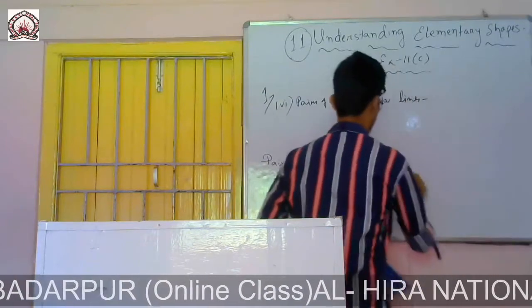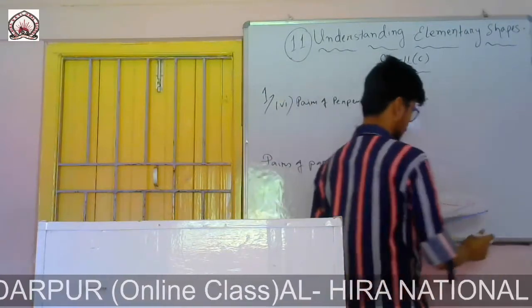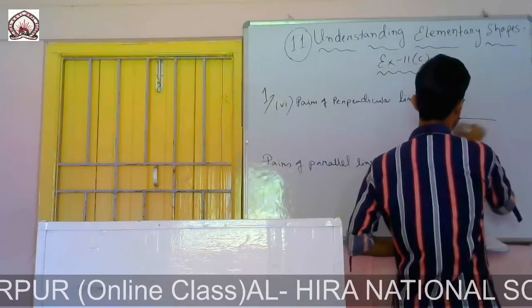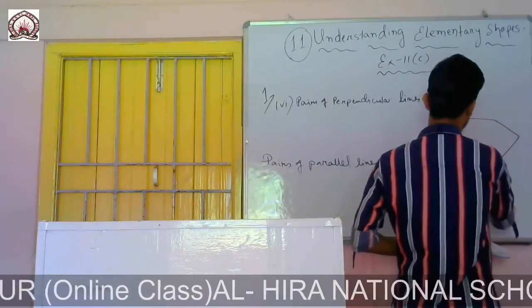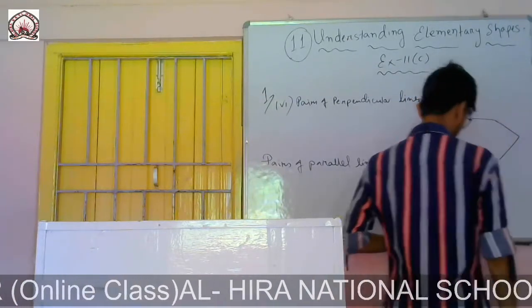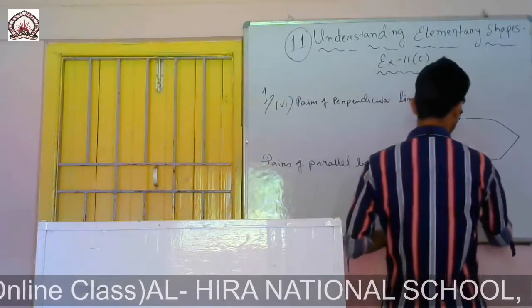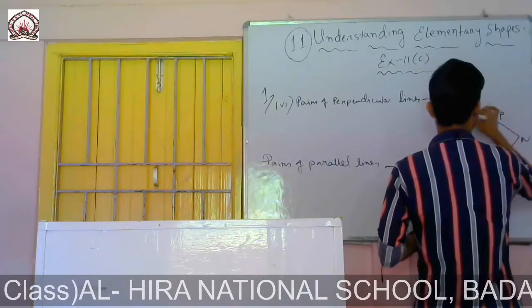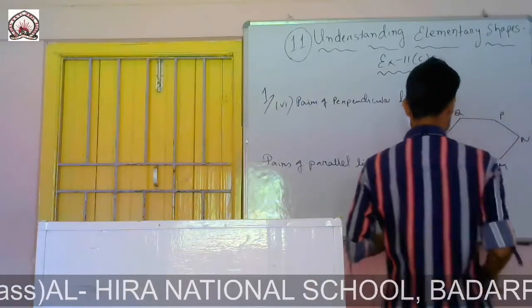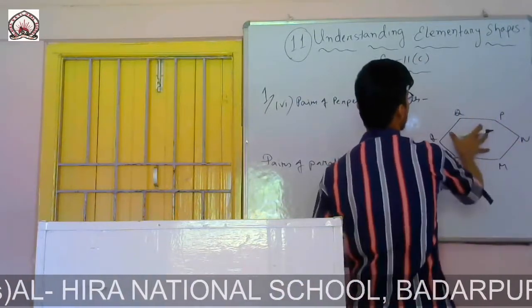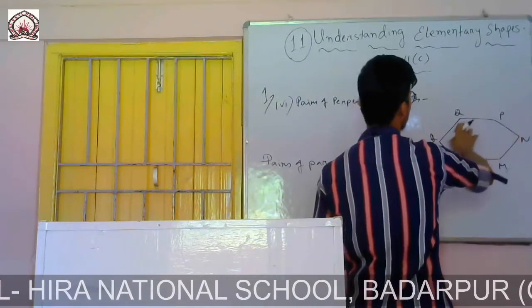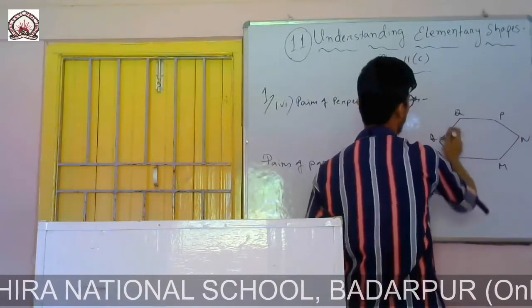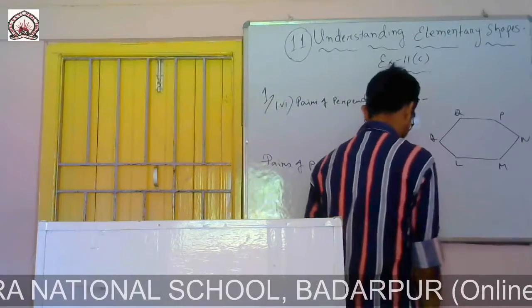Pairs of perpendicular lines. So Roman number 6, you see it is given like this. Okay. So L, M, N, then P, Q, R. So these are given. In this figure there are no perpendicular lines. By seeing also you can understand that no angle will be equal to 90 degrees.